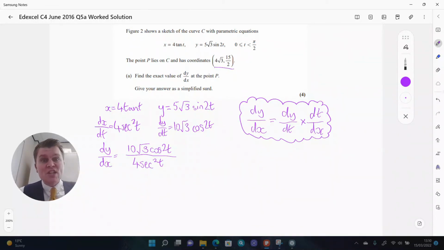Personally, I prefer subbing the x coordinate into x equals 4 tan t. So when x equals 4 root 3, subbing that into our parametric equation, you will get a value for t to be pi over 3, okay?